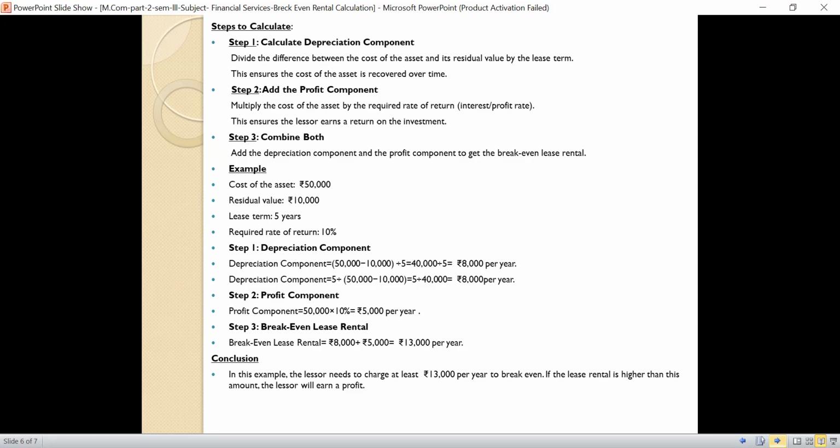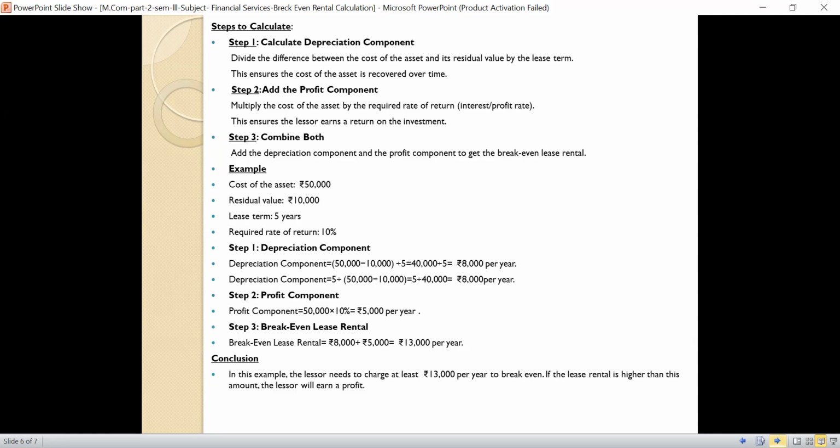Next, example. Cost of the assets is rupees 50,000, residual value is rupees 10,000, lease term is 5 years, required rate of return is 10%. Step 1, depreciation component.